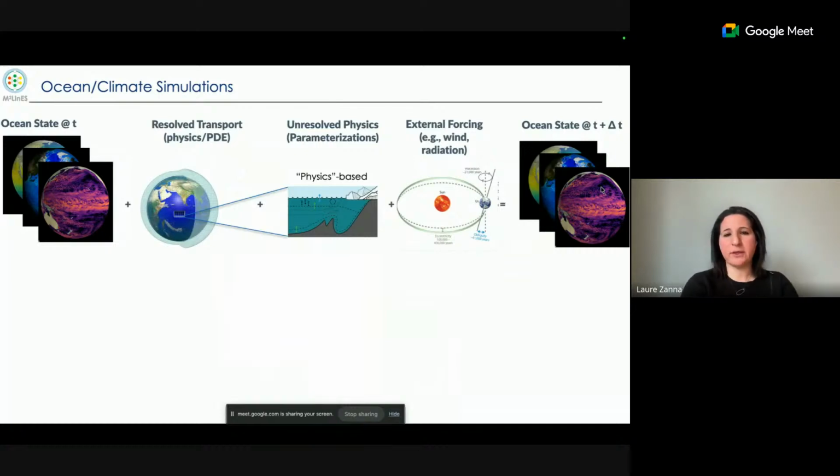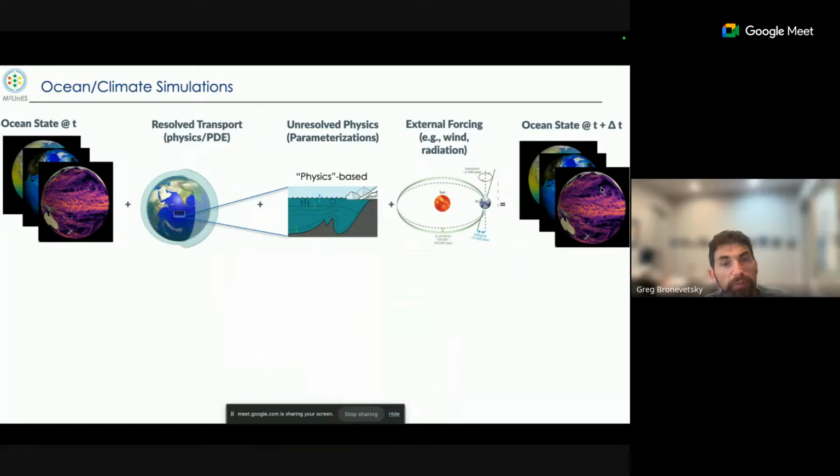So we're going to think about an ad hoc function that we can write mathematically with some parameters that are tunable. But it's not going to be learned from data, or it might be tuned with data, but it's usually basically a way for domain scientists to try to represent the effect of unresolved scale on the resolved scale. Right. Does that make sense? It does, yeah. Great.